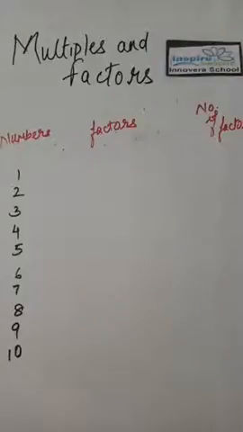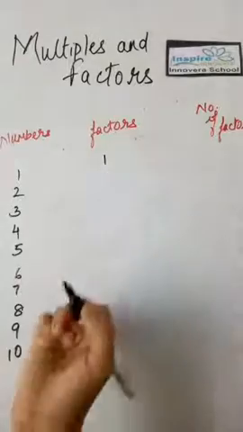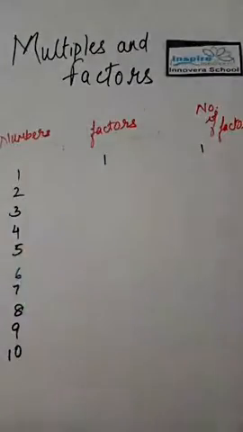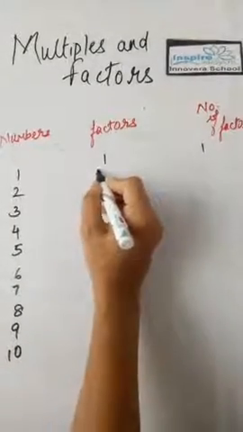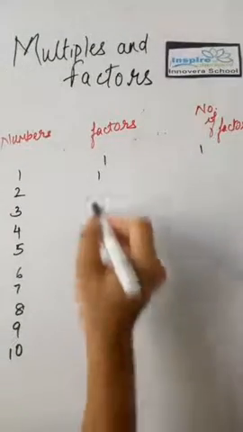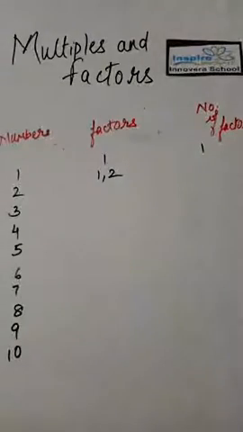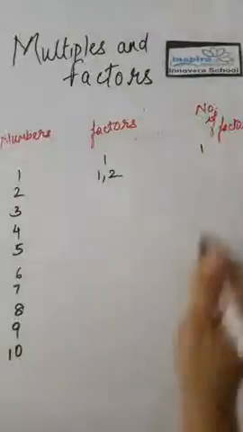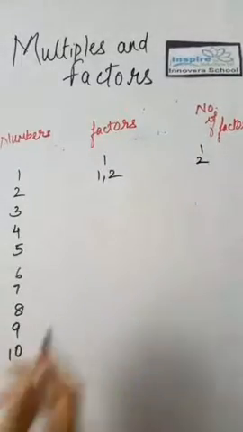Now we are going to find factors. Factors means when we multiply two or more numbers. What will be the factor of 1? 1. So the number of factors is 1. Now 2, factors will be 1 2s are 2 and 2 1s are 2. Each number is multiplied by 1, so we get 1 and the number itself, 2. So the number of factors is 2.